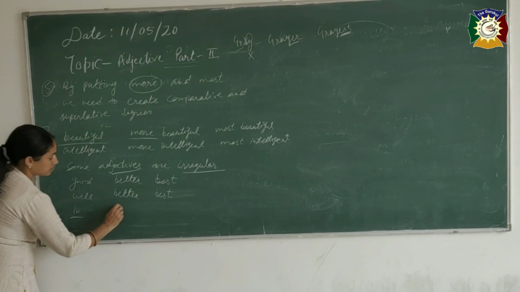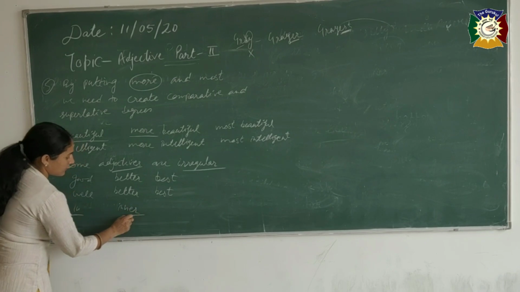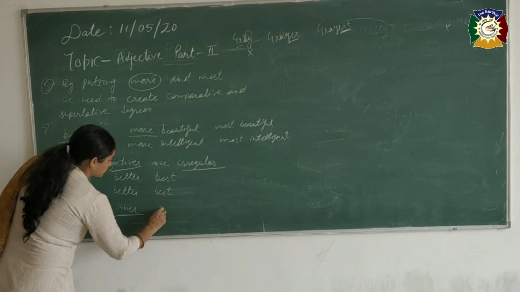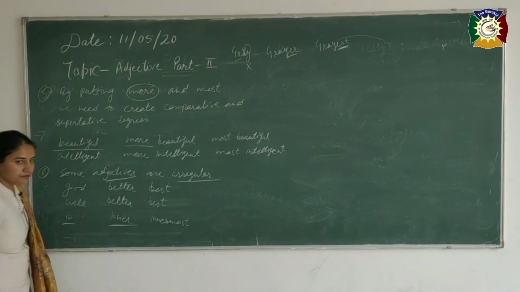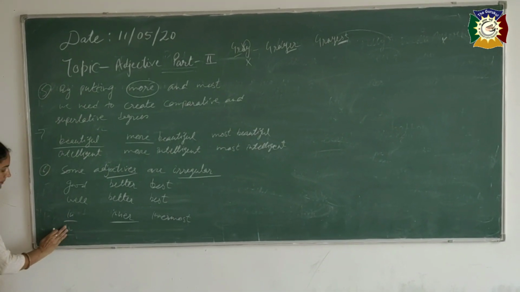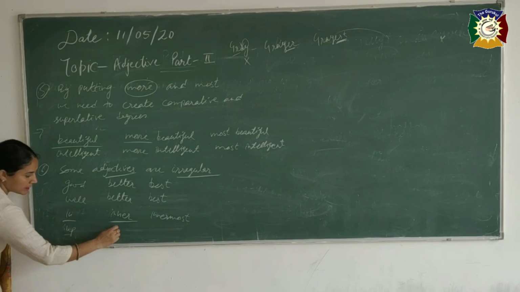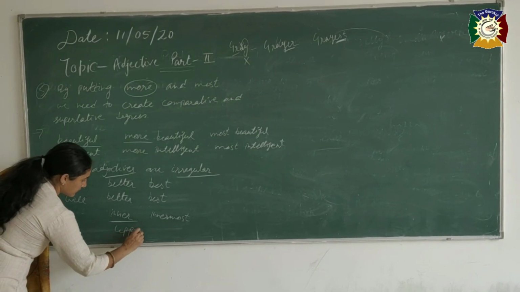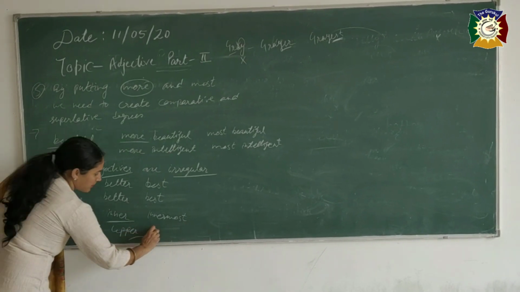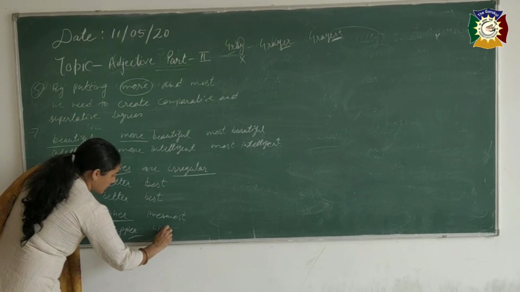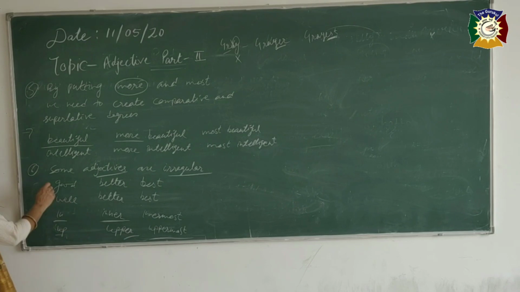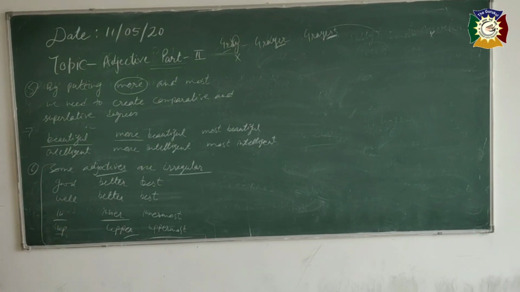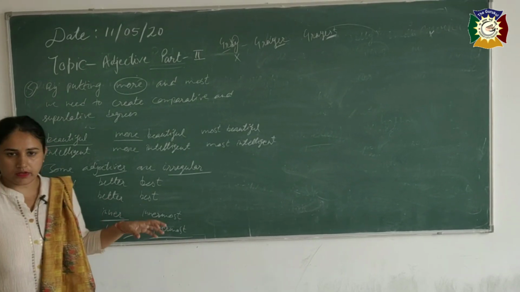In, inner, innermost. Up, upper, and superlative is uppermost. These are some irregular adjectives. You have to find these kinds of adjectives. Dear students, that is your homework also.